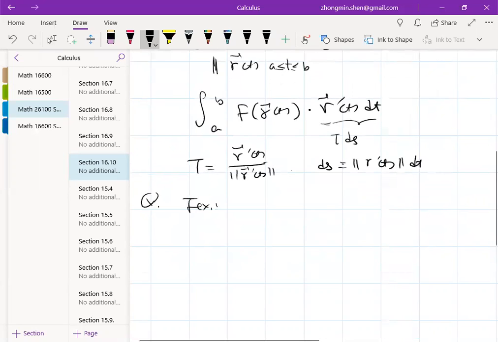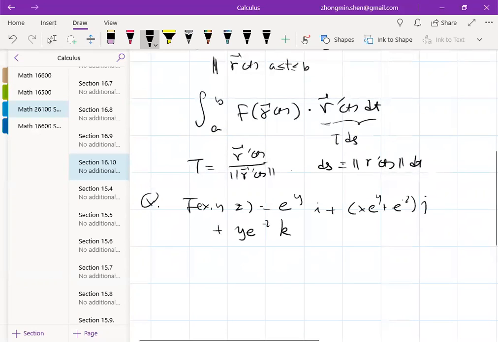You are given F of x, y, z, which is going to be e to the y i plus x e to the y plus e to the z j plus y e to the z k.